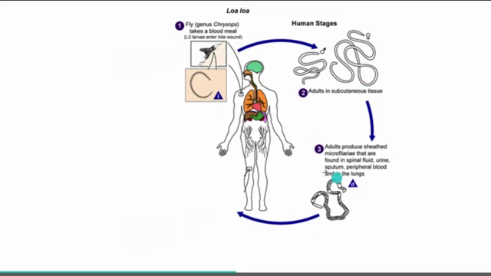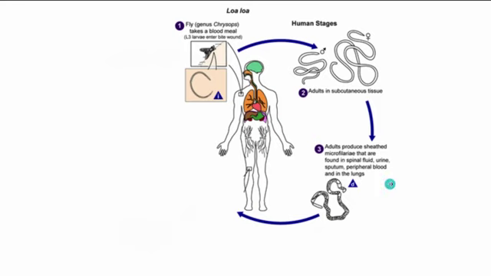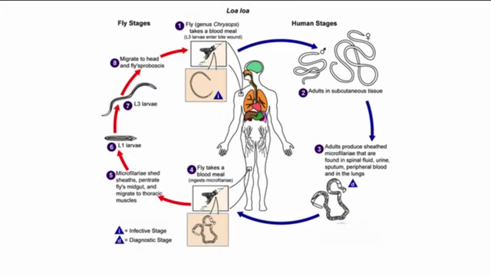This microfilariae can be found in several parts of the body, such as the spinal fluid, urine, sputum, peripheral blood, and even in the lungs. Now, once the microfilariae are in the blood, it will await the Chrysops fly to take a blood meal so that it will be incorporated in the blood meal, and it will now start the fly stages.